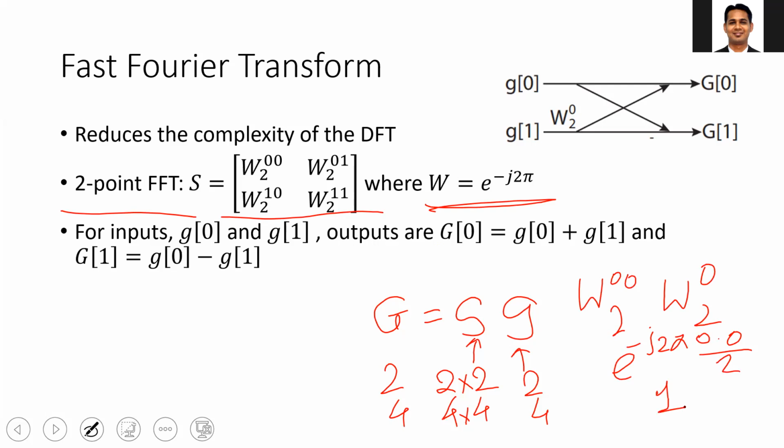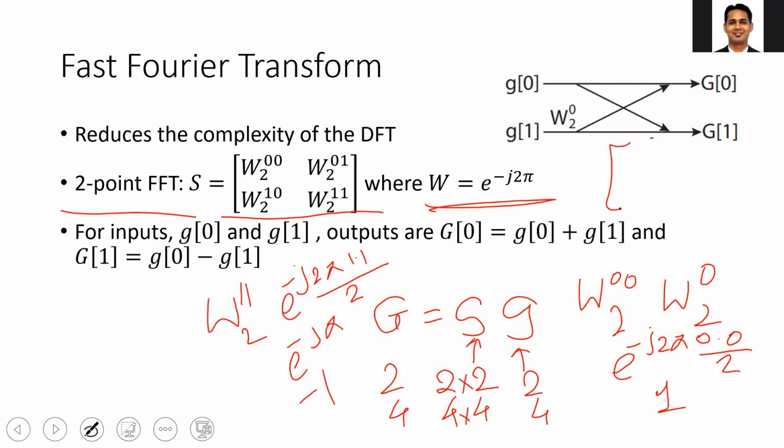And when you have the W 1,1 of 2, it is nothing but e raised to minus j2 pi 1 comma 1 divided by 2. So e raised to minus j pi, and this is nothing but minus 1. So you can see that this matrix is nothing but 1, 1, 1, minus 1.